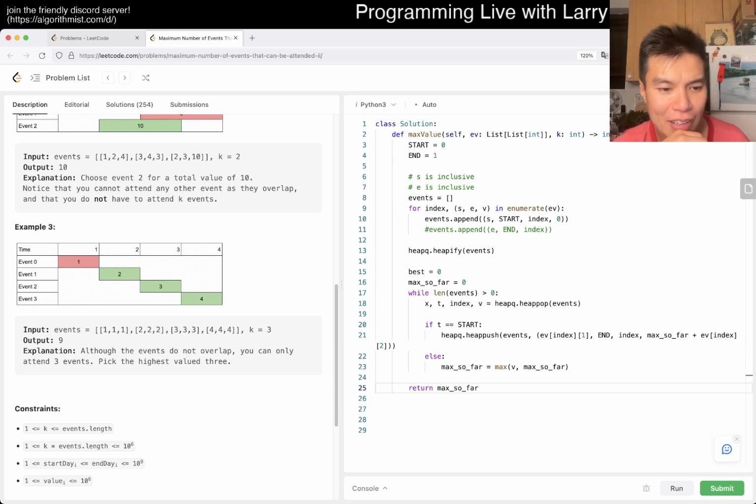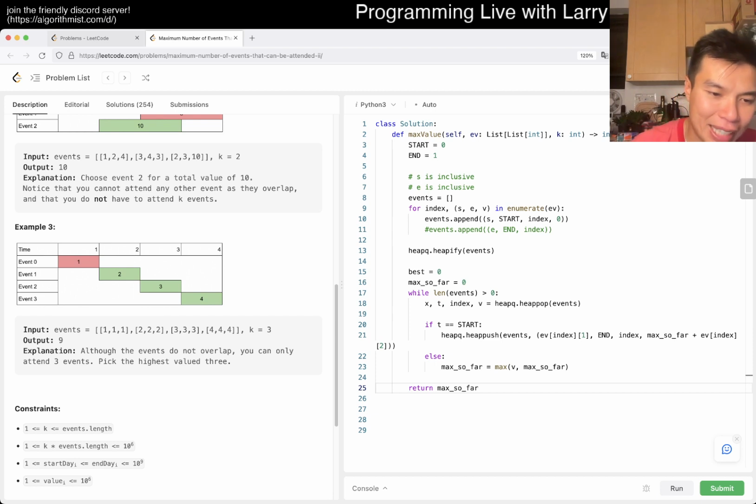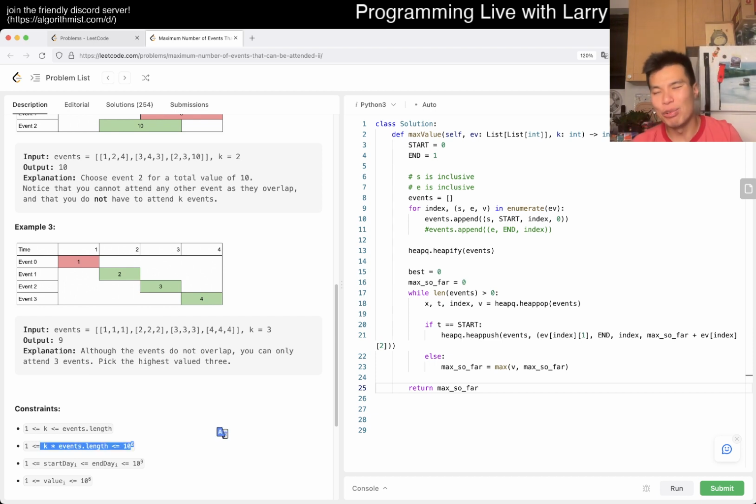Okay, so now we have to think about K. That is funky. I think the key thing to note is that there's a very sneaky constraint here where K times n is less than 10 to the 6, which, to be honest, is basically inviting you to do some K times n type algorithm.